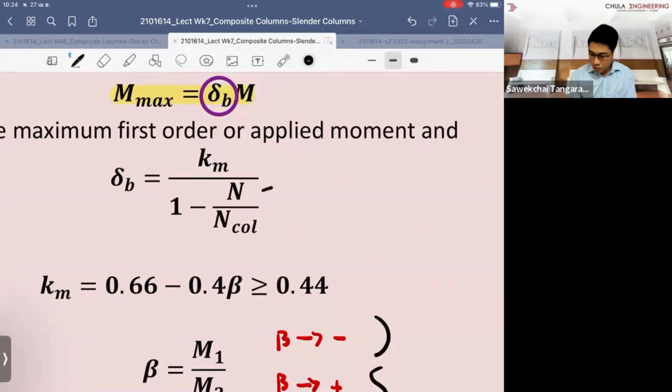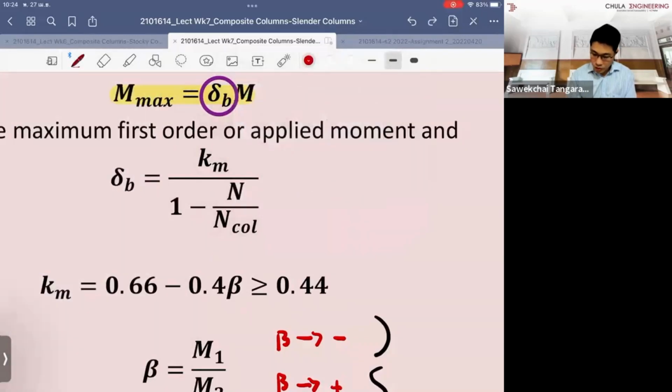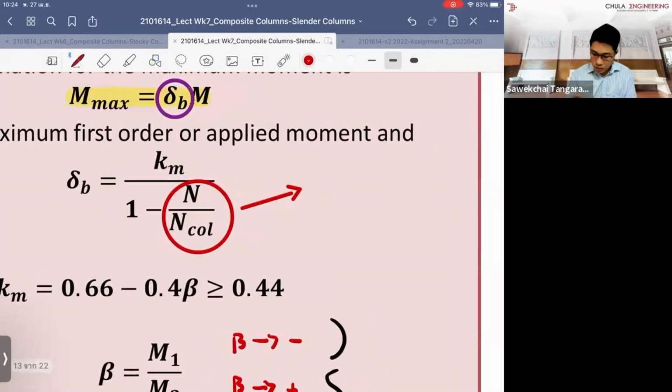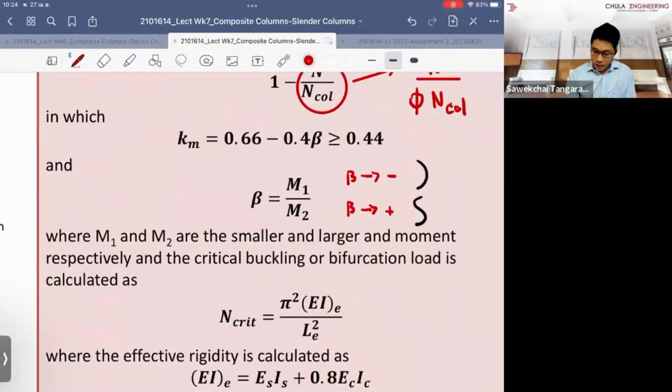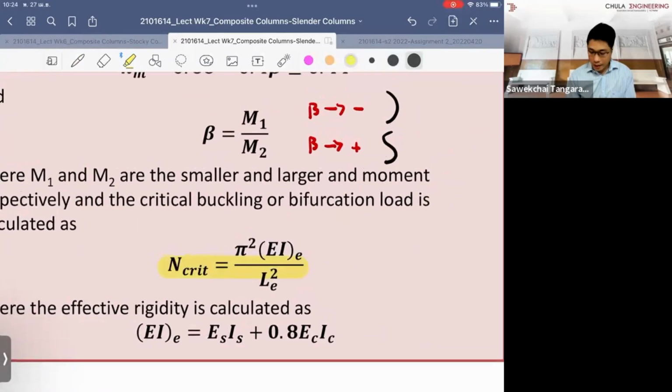If you want to take this to be the N-star, you can use this factor as well, but you have to use the N-star divided by the reduction capacity factor times the capacity of the column under buckling. When it's under buckling, right?